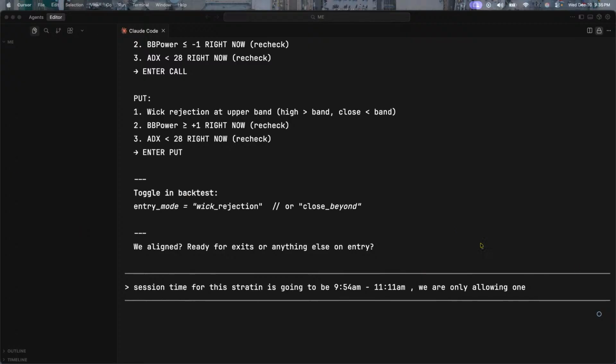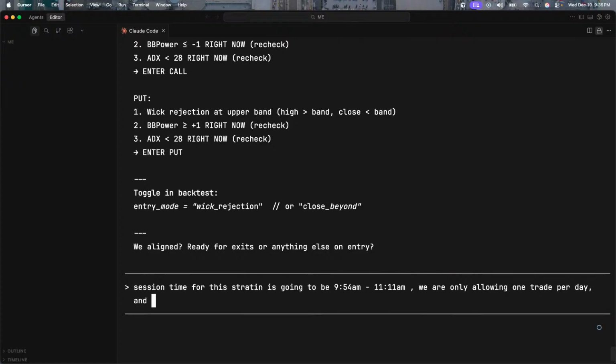This is not live. So we're only allowing one trade per day, and we are starting at $100. If the balance is less than 499, we can use up to 80% of portfolio balance.